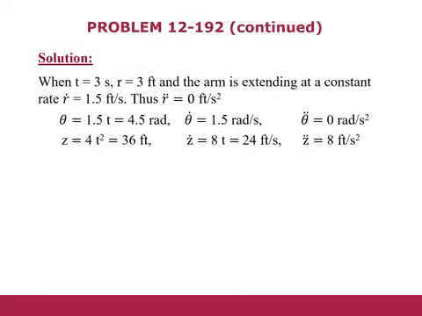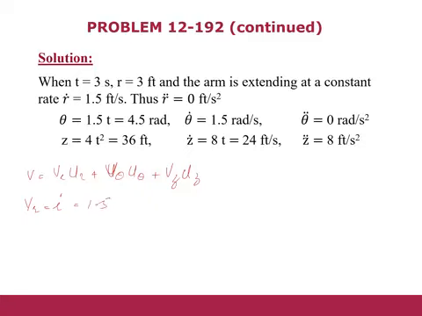Now for the velocity, we know that v is equal to vr ur plus v theta u theta plus vz uz, right? So over here this vr is actually r dot, so we have 1.5, right?